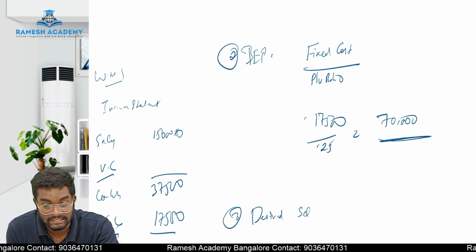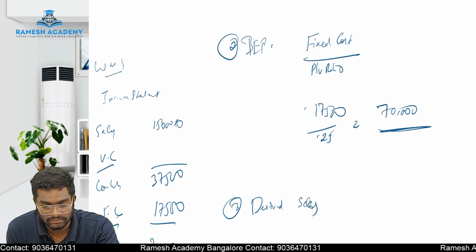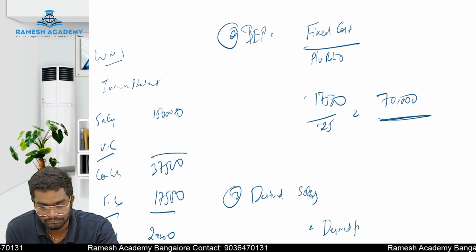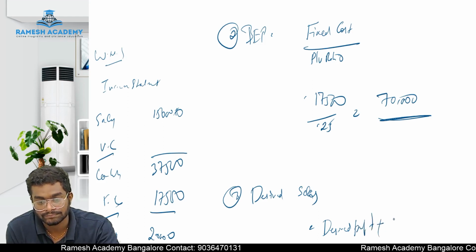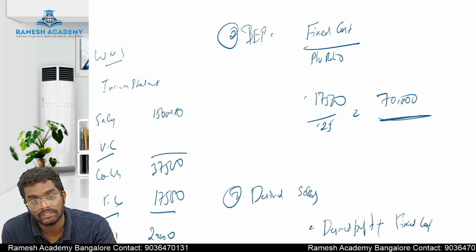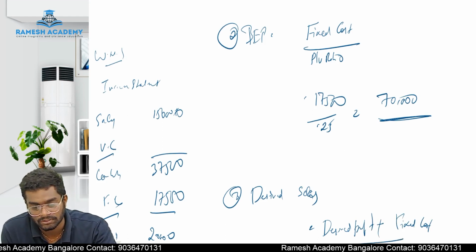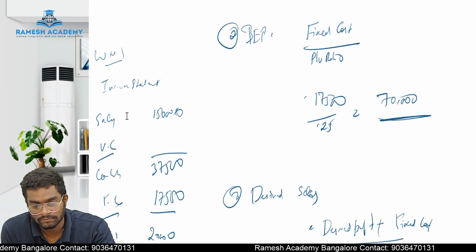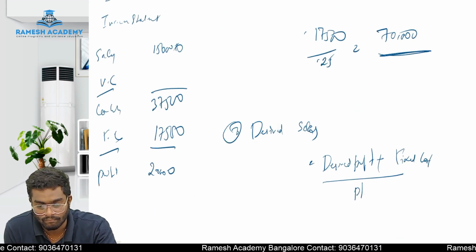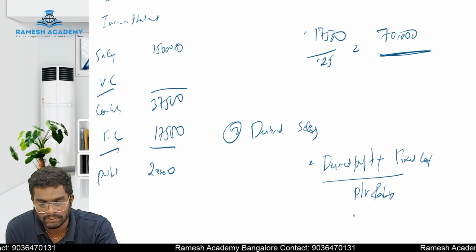So desired sales, the formula is desired profit plus the fixed cost. We'll get the desired contribution. If you divide the desired contribution by PV ratio, obviously we'll get the desired sales. Simple.